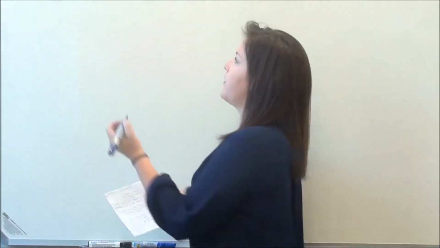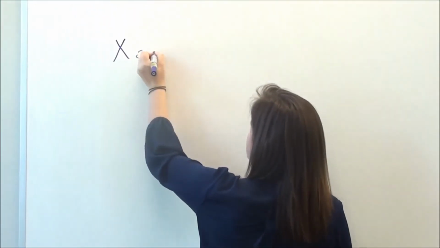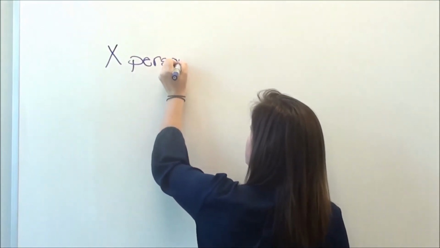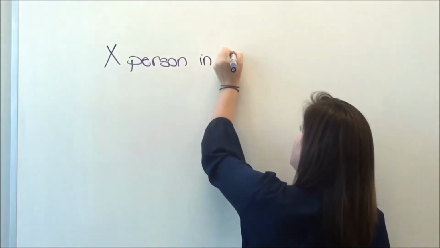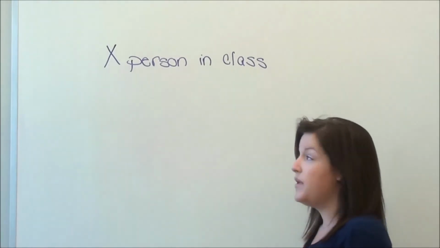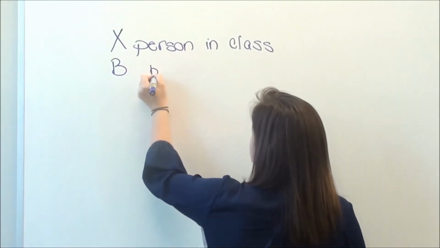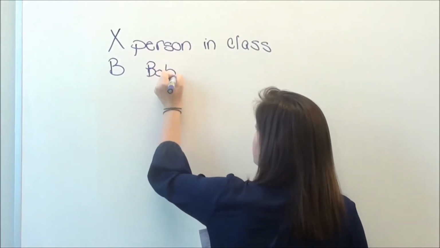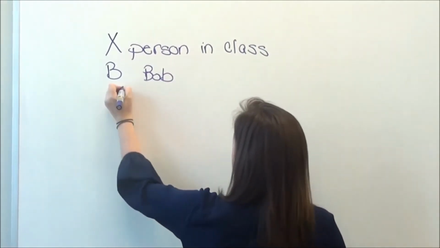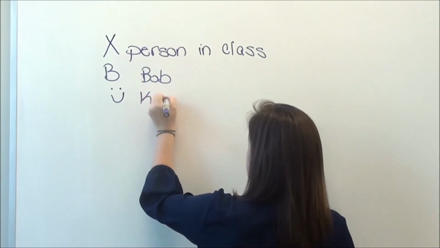I have one more example for you to show the importance of quantifiers. In this one, we're going to define X as a person in your class. And we're going to have a constant, B. It's going to stand for Bob. And this symbol, a little smiley face, will mean that they know each other.